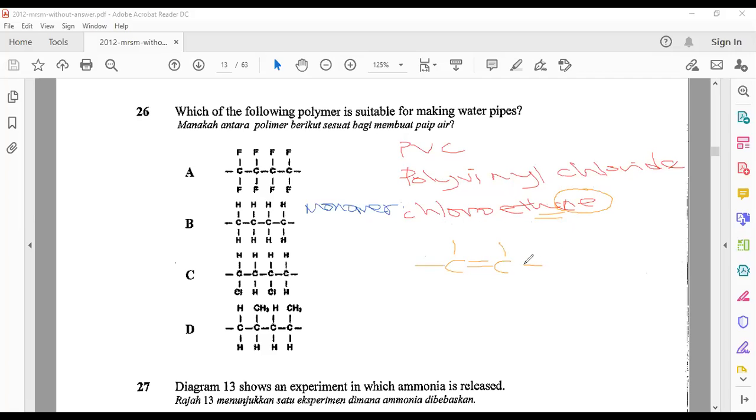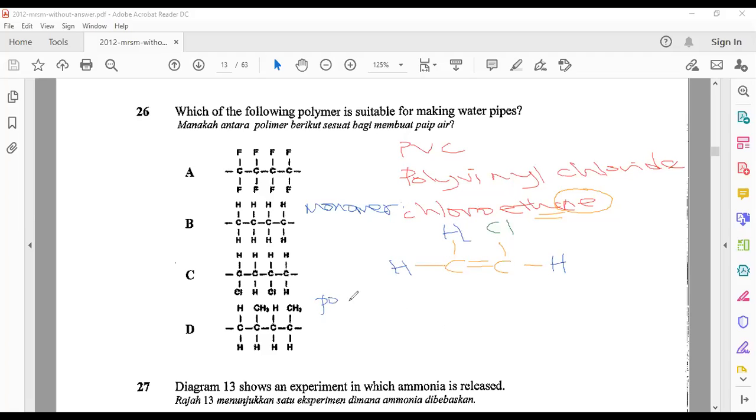So now you are going to put in your chloro first. Chloro means the chlorine. So you might be putting it here. So the other parts, it will be the hydrogen atom. Now check, how do I draw the hydrogen? Now this part, the hydrogen should be pointed to the center. Okay. Now this is the monomer.